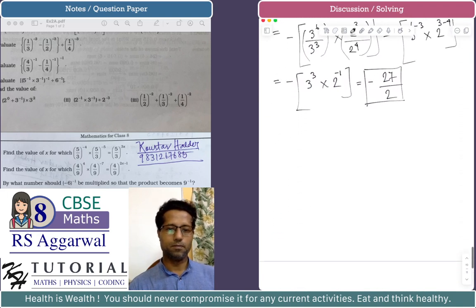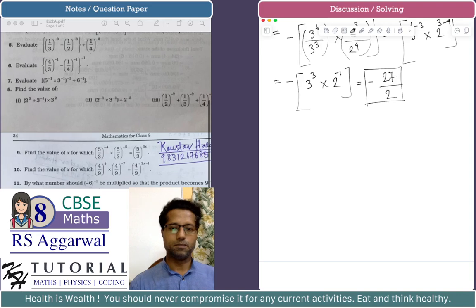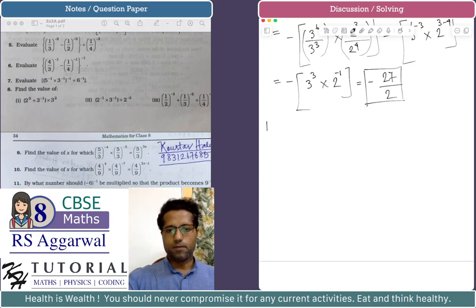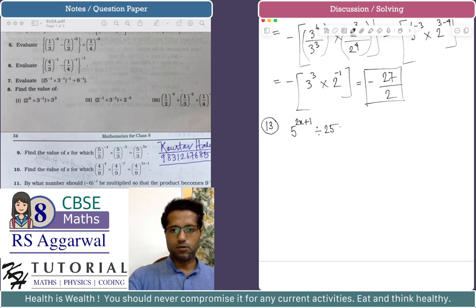Okay, let's do the last problem, that is problem number 13. It says, find the value of x when 5 raised to the power 2x plus 1 divided by 25 is equal to 125.